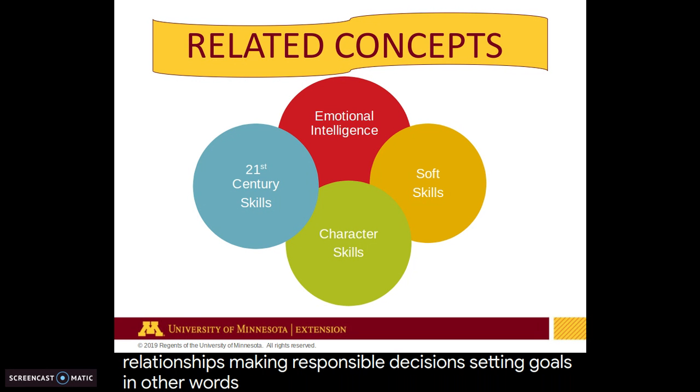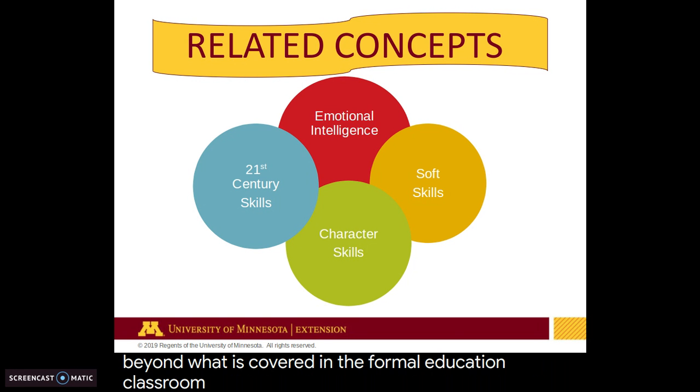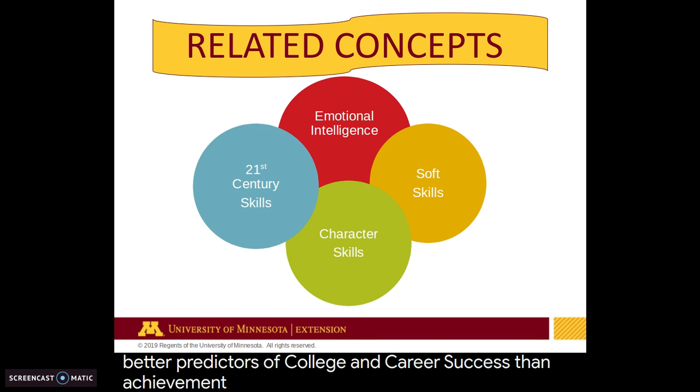In other words, young people need to develop skills beyond what is covered in the formal education classroom. In fact, many of these other skills provide better predictors of college and career success than achievement test scores.